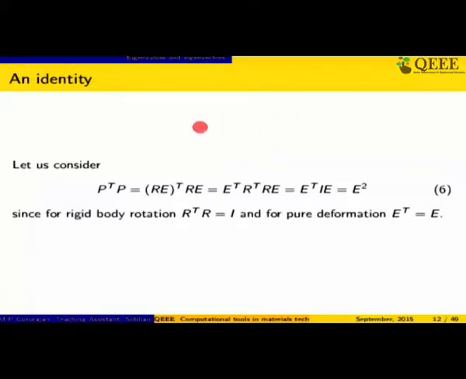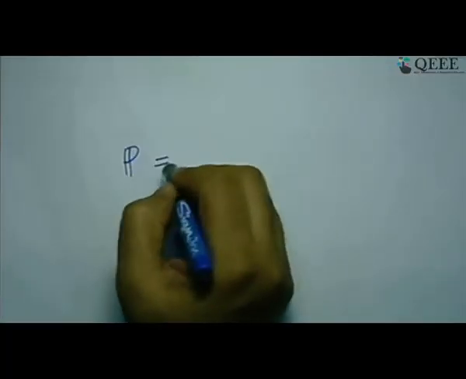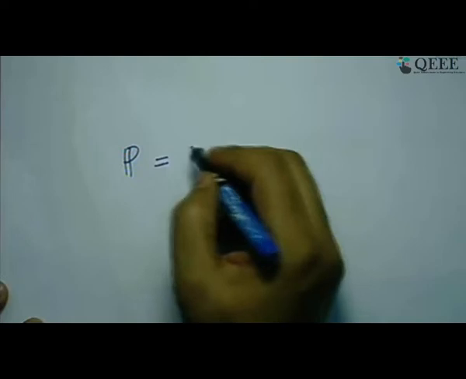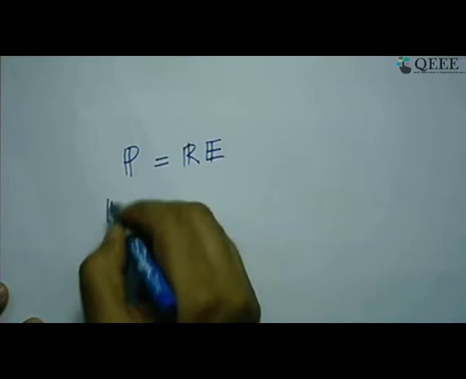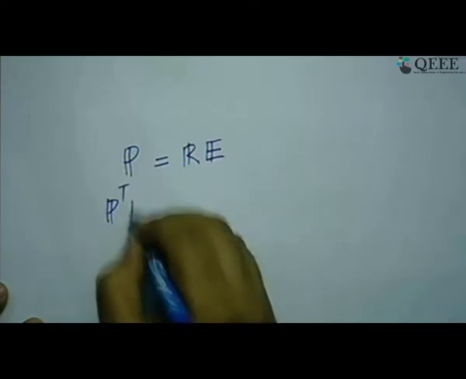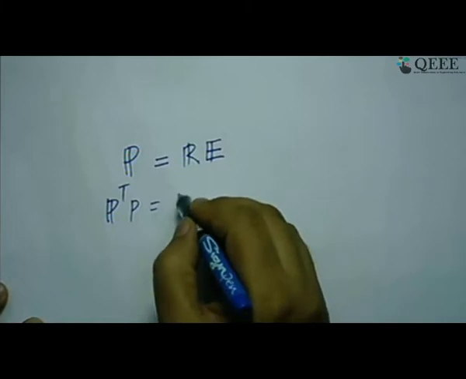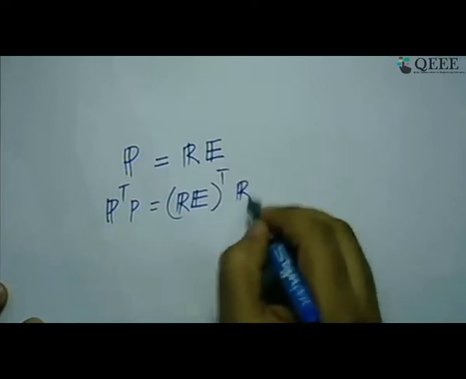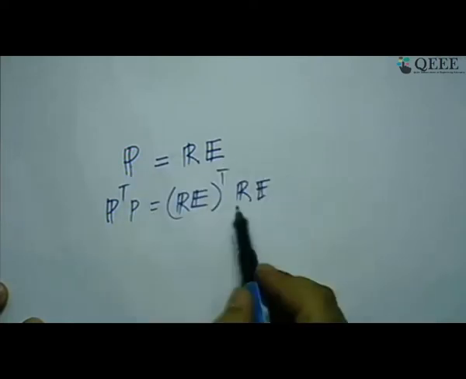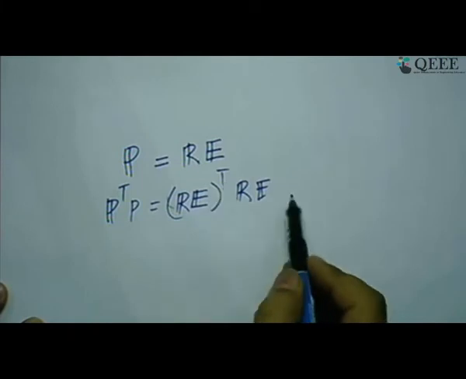So let us now consider this. Let us take the P, and I said that P is represented as R times E. Let's try to calculate P transpose P. Because P is RE, P transpose P will be (RE) transpose RE.